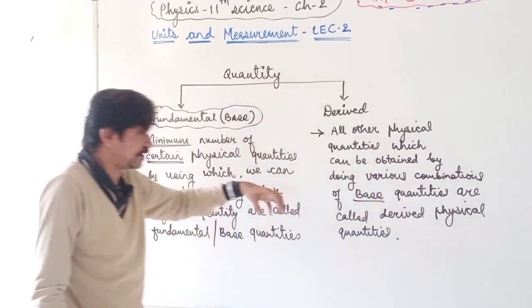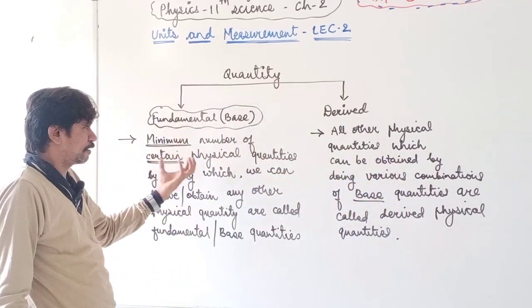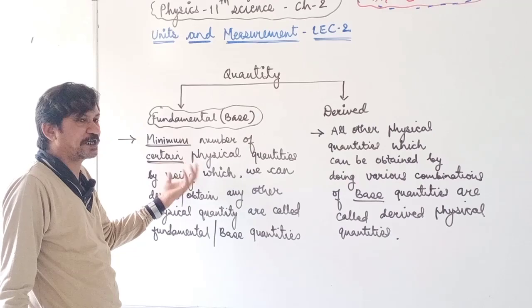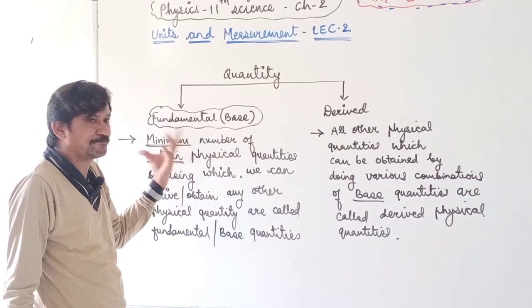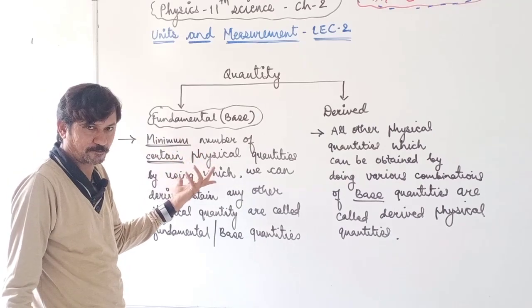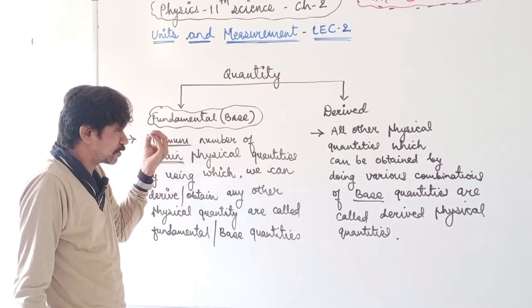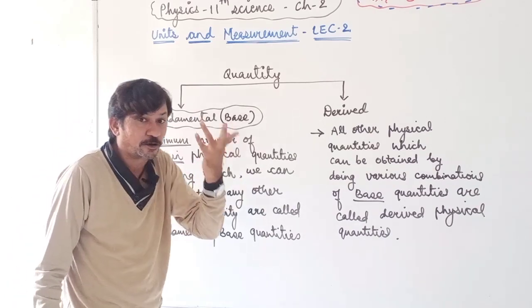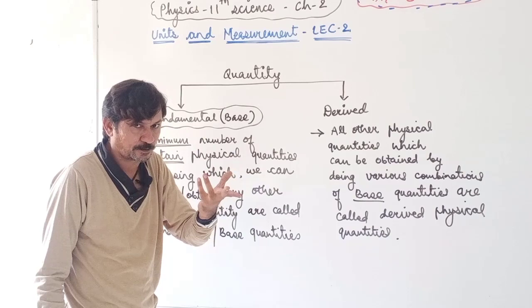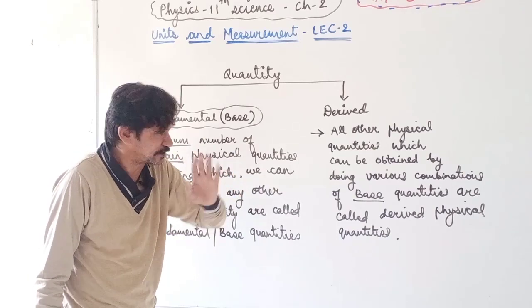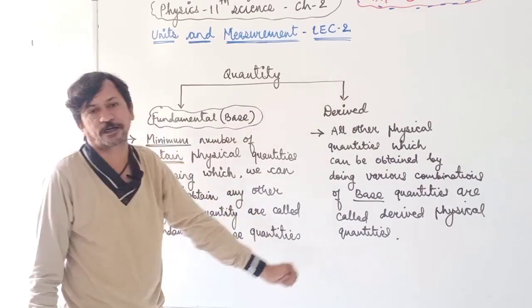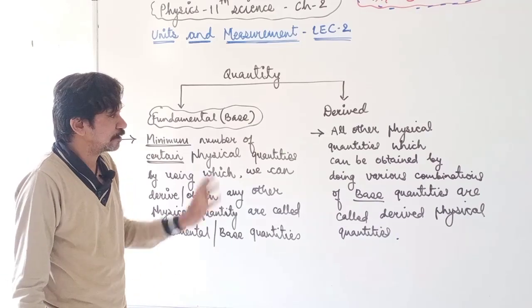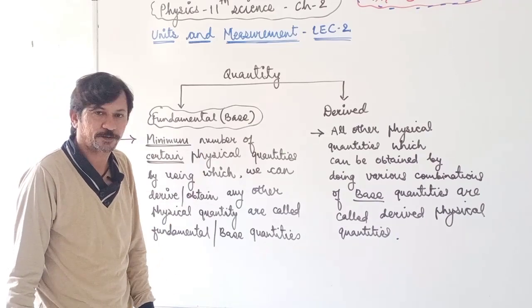Base means which have been obtained previously, which are main, which are fundamental. Using 2 or 3 or 4 fundamental physical quantities, doing their combinations, we can get many other quantities, and those quantities are called derived quantities.